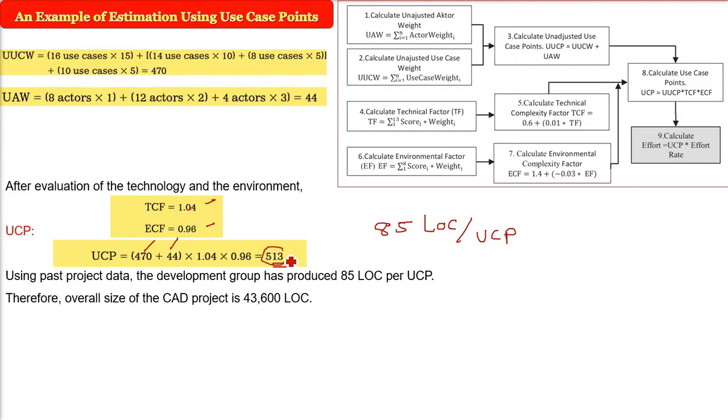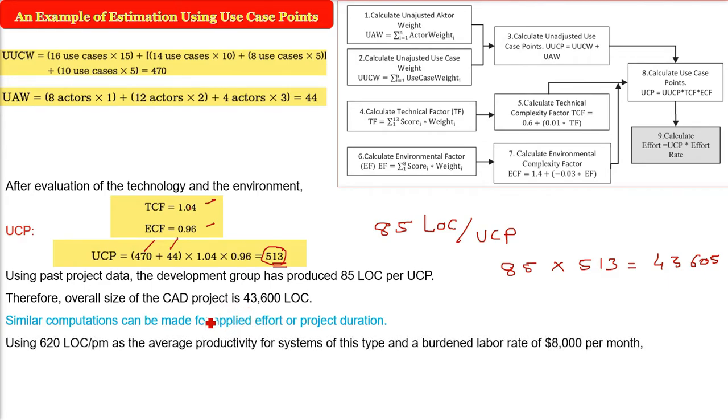So we have 513 here, and the overall size of the project is what we will find. 85 is LOC per UCP, multiplied with 513 UCP. You will get 43,605. Let us take it as 43,600.